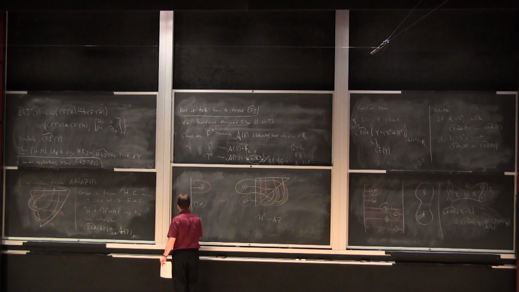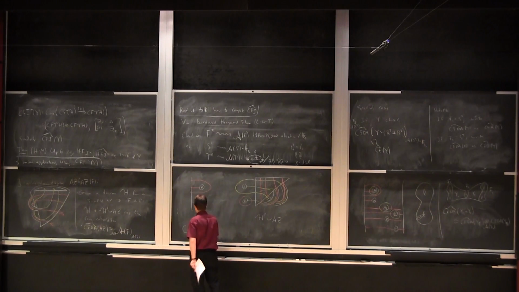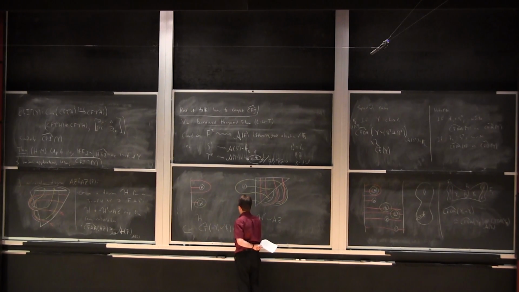So a corollary of these properties is that if I'm interested in CF hat of something decomposed into two pieces, that's just the chain complex of maps from CF d hat of y1 to CF d hat of y2.